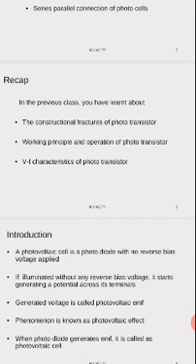Generated voltage is called photovoltaic EMF.